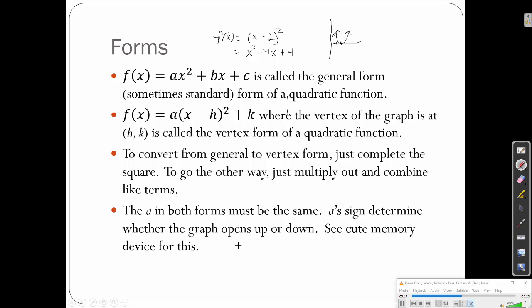There's actually a neat memory device for knowing that. It's a bit childish, but it's cute. If a is positive, it is an upward facing parabola. If a is negative, it is a downward facing parabola. See? Cute.